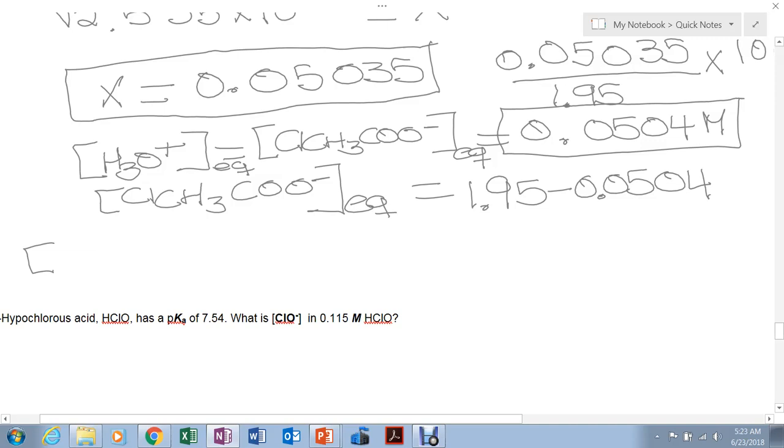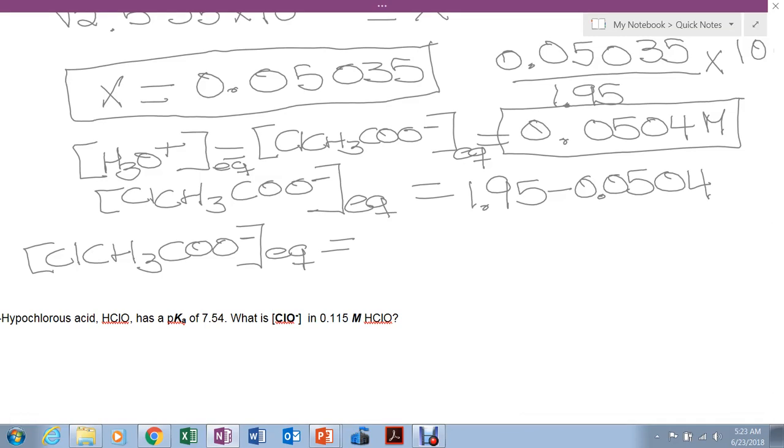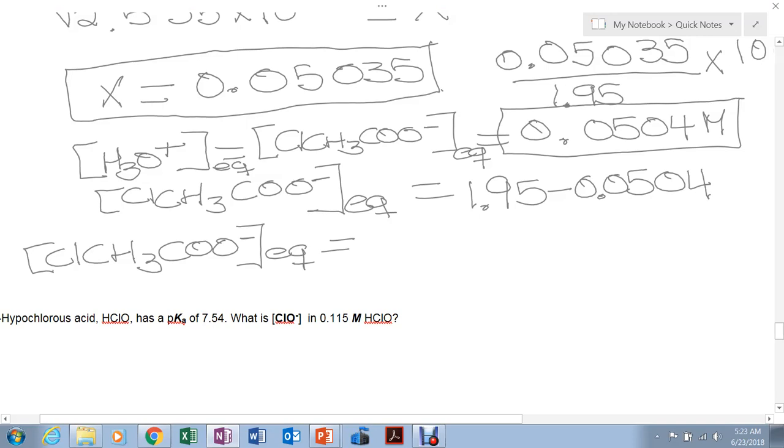The concentration of the acid in equilibrium would be 1.95 minus 0.0504 equals 1.8996, so 1.90 molar.